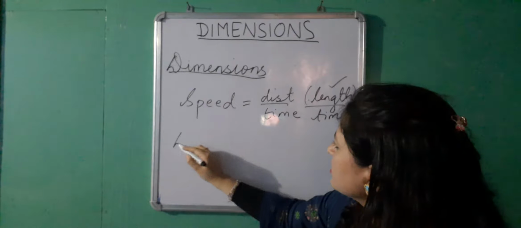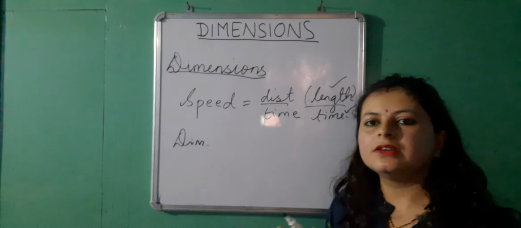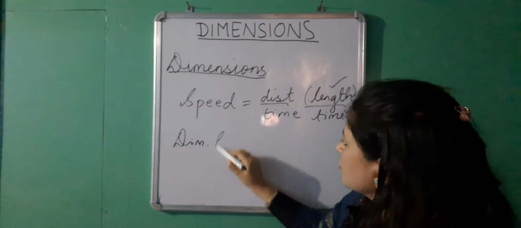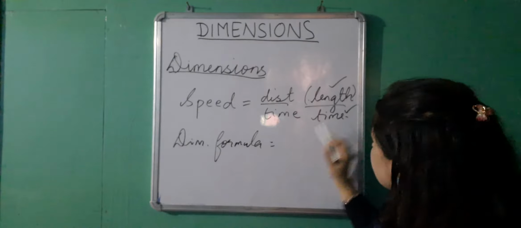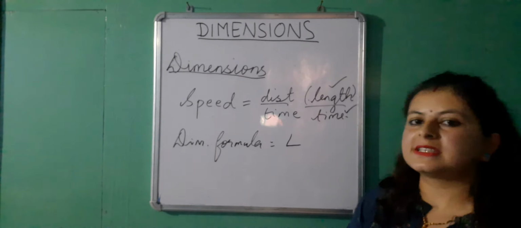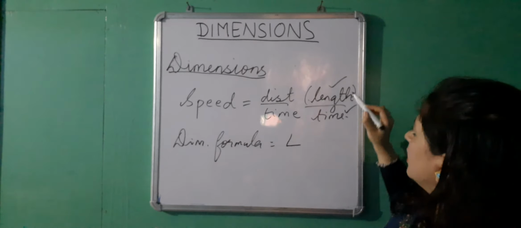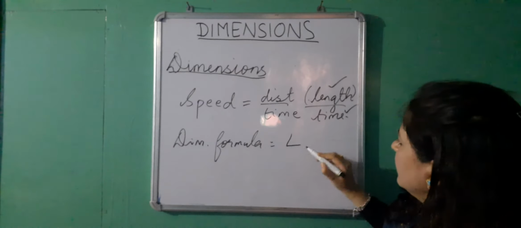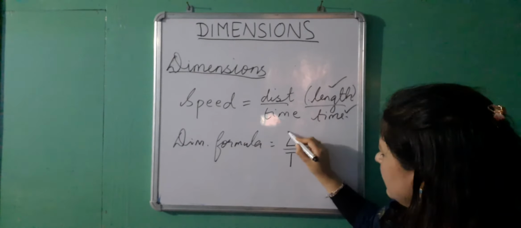So dimensional formula, I'll tell you what dimensional formula is. So dimensional formula for speed is L. We represent the fundamental physical quantity in dimensional analysis as length by capital L and time by capital T.